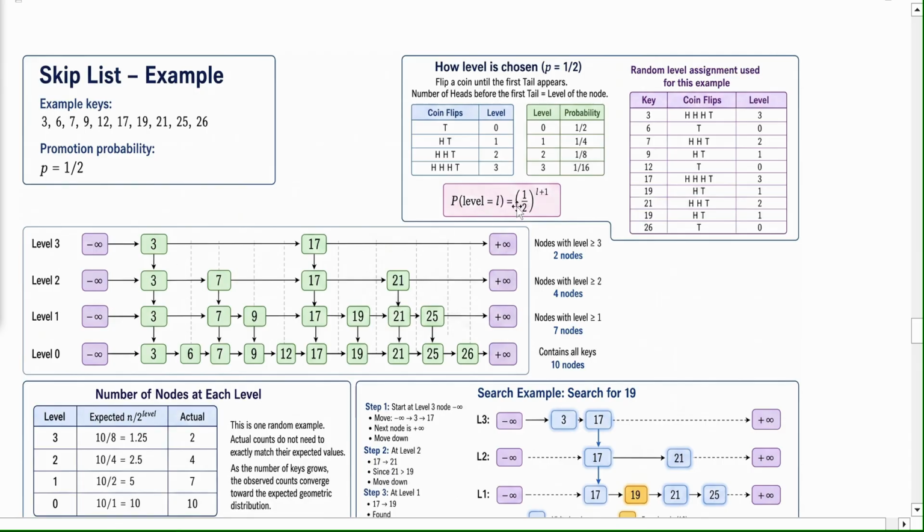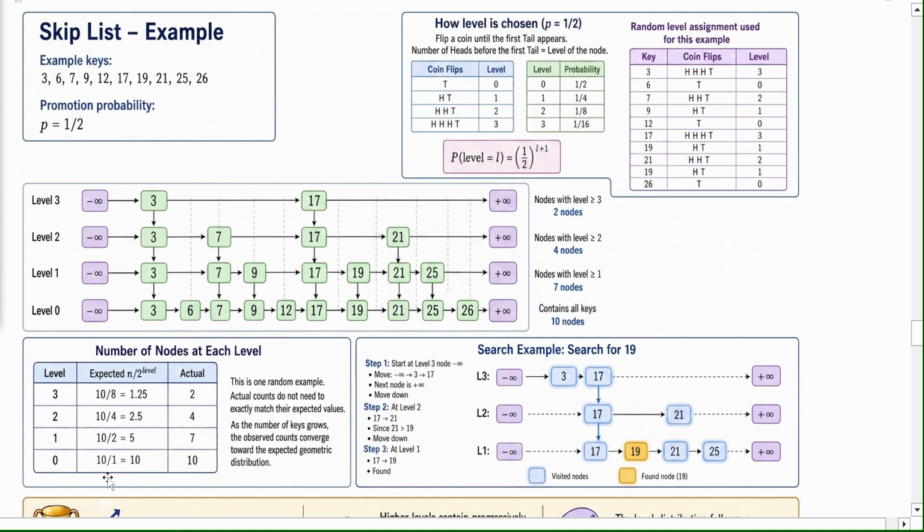Here, this is nothing but the promotional probability. For flipping a coin, the probability is 1 by 2, right? That 1 by 2 is the promotional probability. Now what does this promotional probability 1 by 2 signify? It means if there are 10 data points in this level, then in the next level we should ideally have only 5 data points.